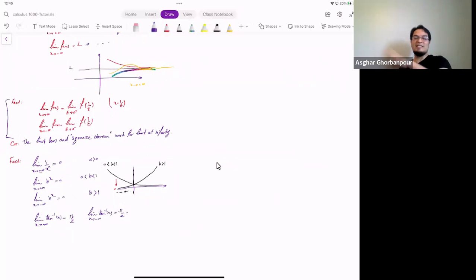A limit at infinity is the other way around: x approaches plus or minus infinity, and the limit value is L. We also have infinite limits at infinity: when x goes to plus infinity, the limit is infinity or minus infinity.